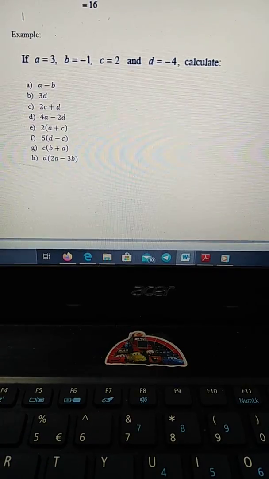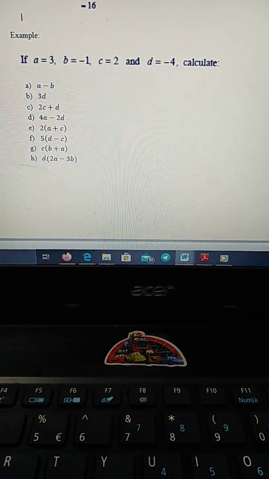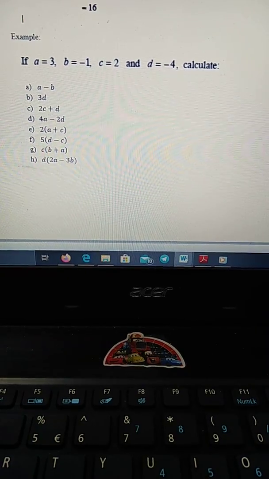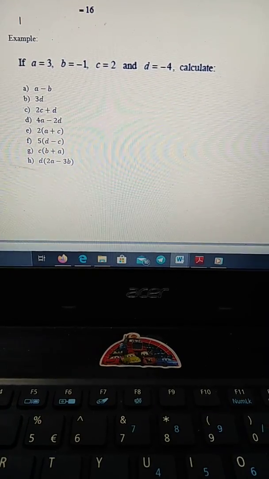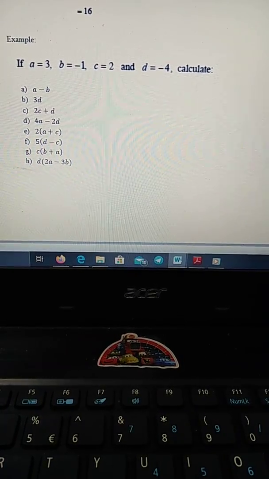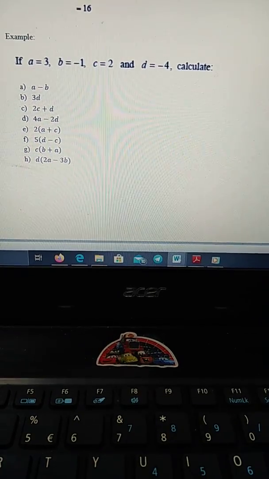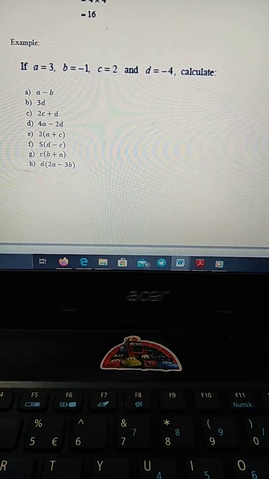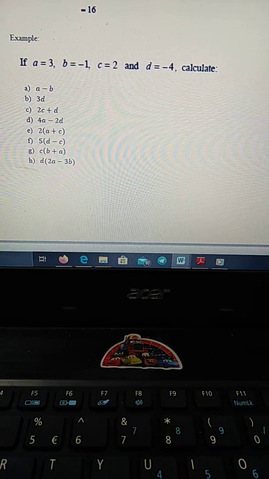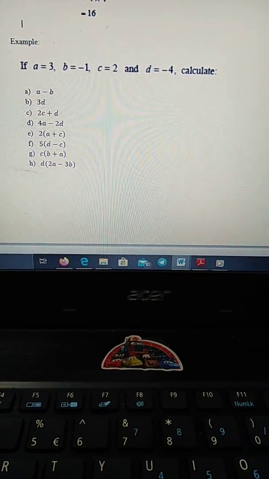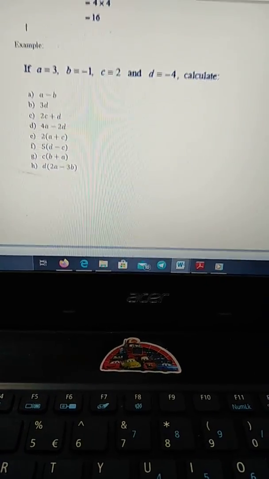Now, there's another example here. If A equals 3, B equals -1, C equals 2, and D equals -4, calculate all those questions. So I'm going to show you the proper working to answer all these questions.